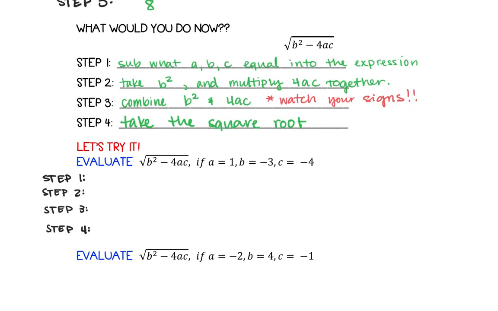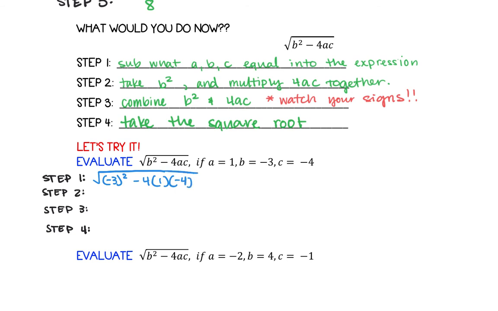All right, so let's go ahead and solve this first problem. So a equals 1, b equals -3, and c equals -4. So we have the square root of b squared, which is -3 squared, minus 4. Our a is 1, our c is -4.